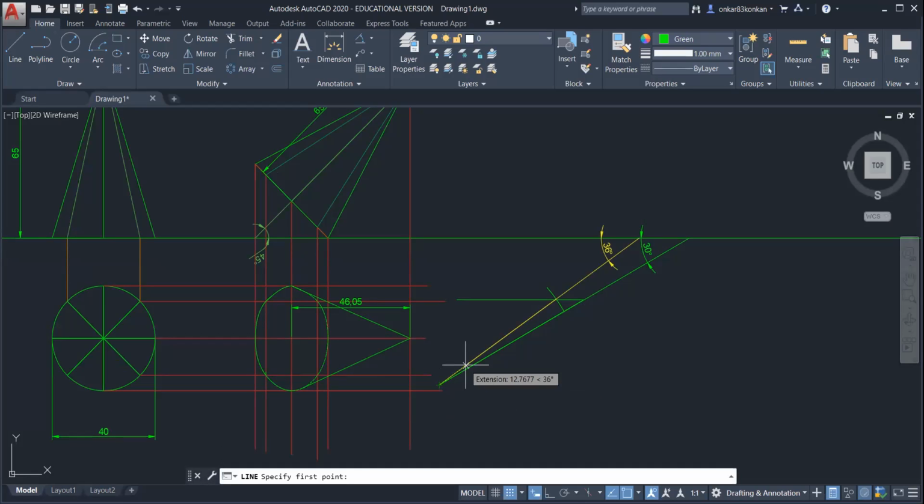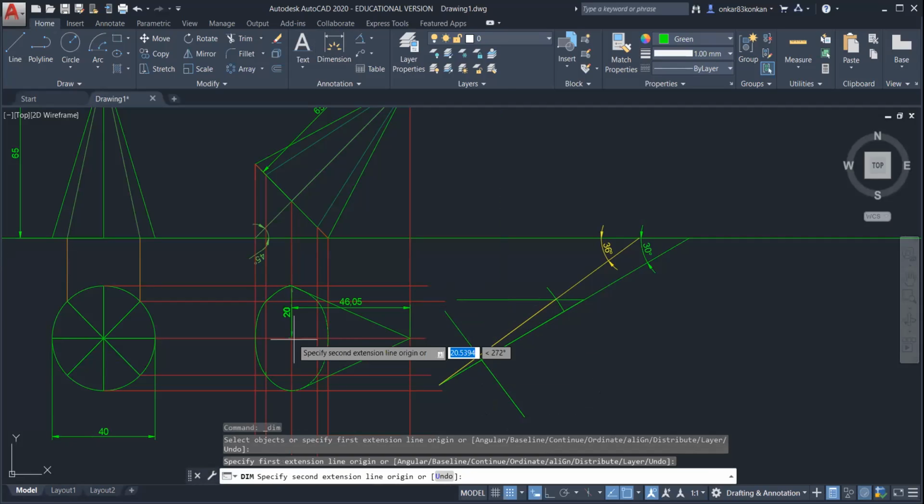You can select any point. On this line, you can mark this distance.